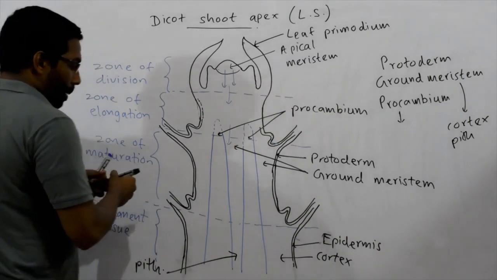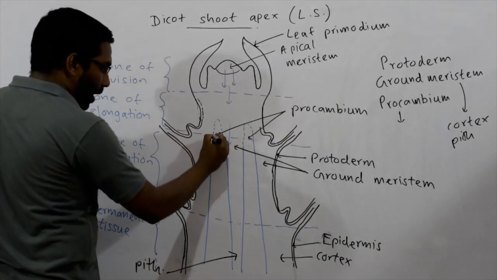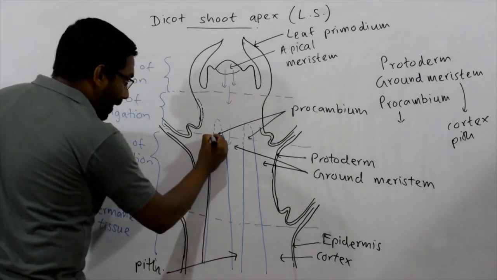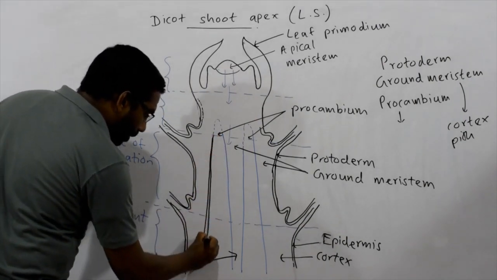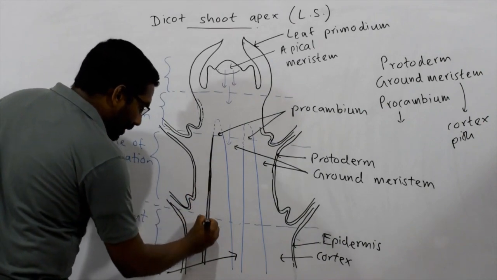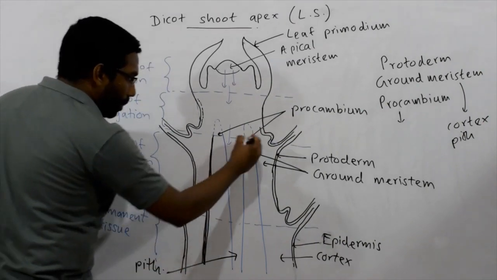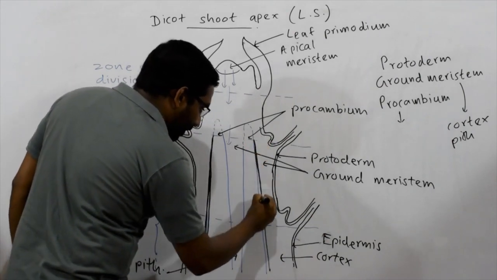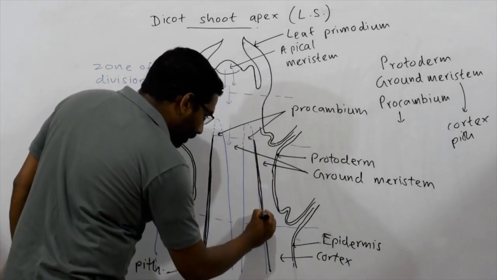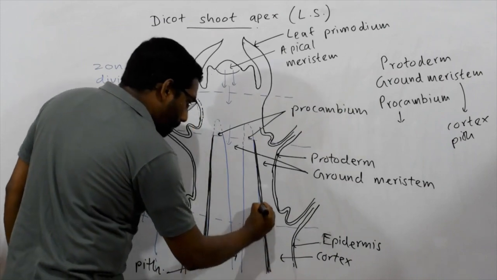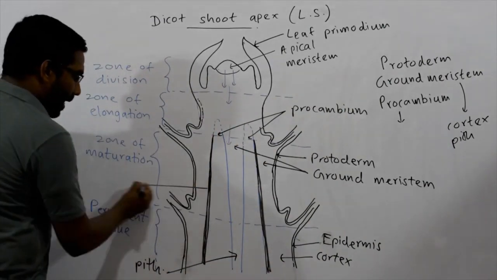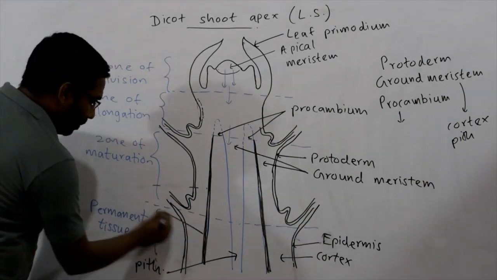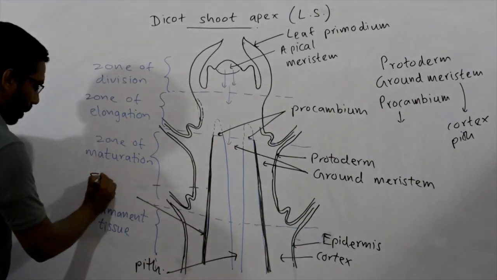Peripheral cells of the procambium differentiate and produce the sclerenchyma caps or sclerenchyma fibers. Imagine this is the sclerenchyma fiber or sclerenchyma cap. I will label this not in this region, but in the permanent tissue region. So imagine this is sclerenchyma caps.